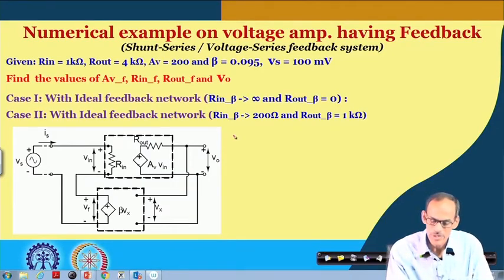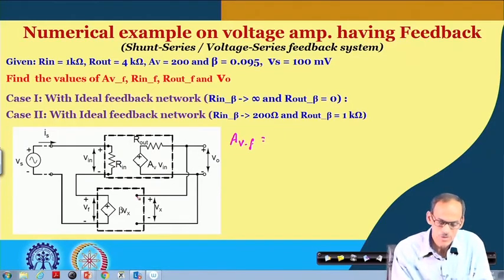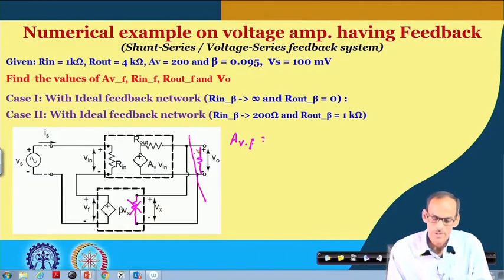So, if we need to find what will be the AVF, let me postpone the effect of R in beta. So, the effect of this R in beta we will be postponing. Instead of putting it here, if we connect it here and first calculate the corresponding AV here, and then we can consider this part.